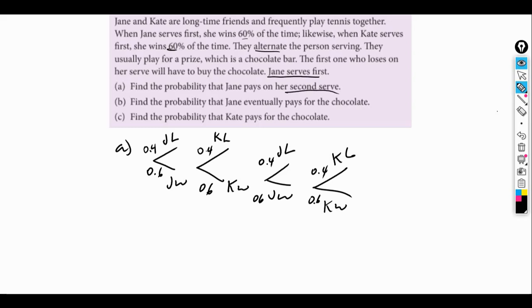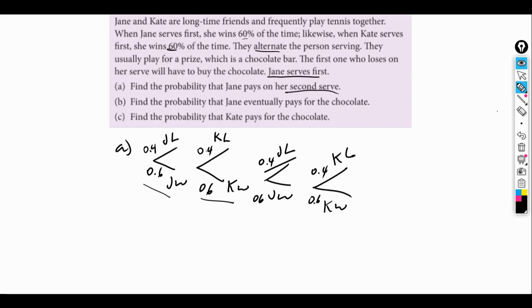They want us to find the probability that Jane pays on her second serve. That is, that she loses on her second serve. Notice that several things would have to happen. Jane would have to win her first serve, then Kate would have to win her first serve, and then Jane would have to lose her second serve.